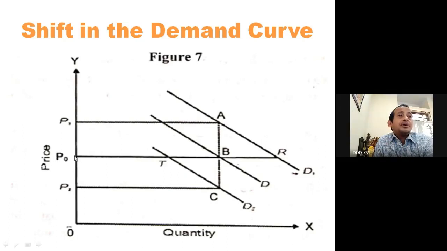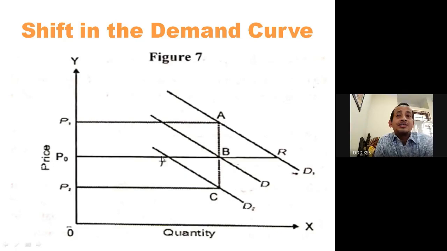Then if we assume that the original price is PO, and from PO the price comes down to P2. When price is P2, if consumer taste and preference do not change, and the consumer does not want to purchase more, then the consumer will purchase PC amount of goods, which is represented by D2.